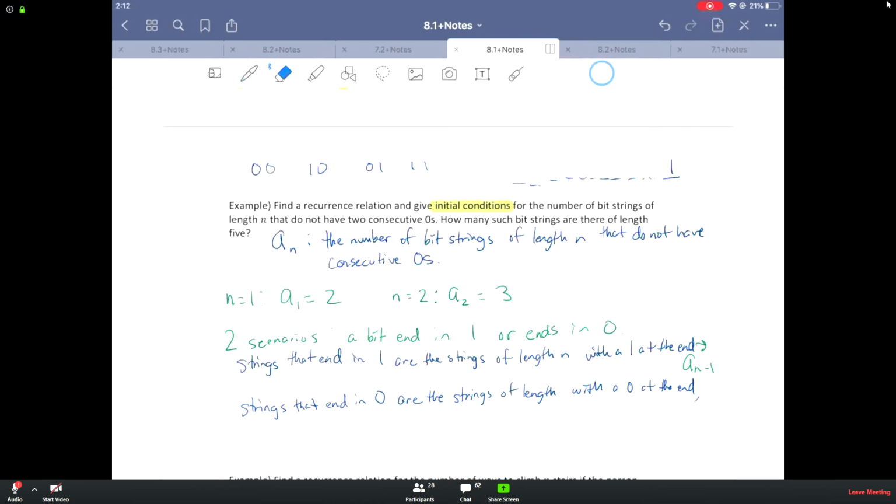Instead of having a 1 at the end, let's say we have a 0. The second to last spot can't be a 0, because we want the ones that don't have consecutive zeros. So that has to be a 1. So strings that end in a 0 are the strings of length n with the 0 at the end and a 1 in the n minus first spot. How many of those are there now? Same idea: we had n spots, but now we forced the last 2, which leaves us with how many spots?